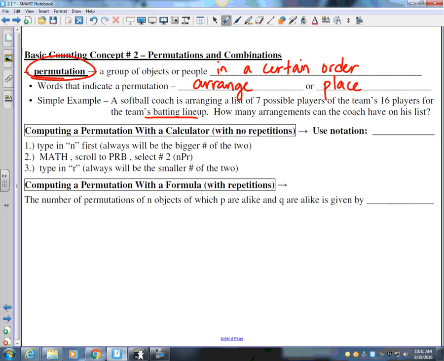Okay. In the calculator, NPR is the key that we're going to use, and I'll show you where that is. P stands for permutation, and your N is always going to be the bigger number. All right, the first number will always be the bigger number.